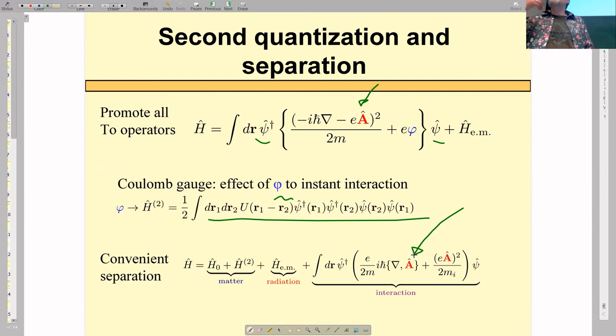From common logic, it's not very logical because we treat electrostatic potential and vector potential differently. But we live in a non-relativistic world, so it's quite a natural approximation.